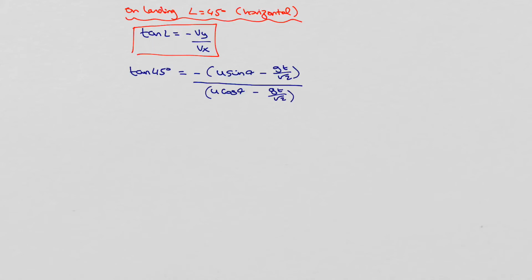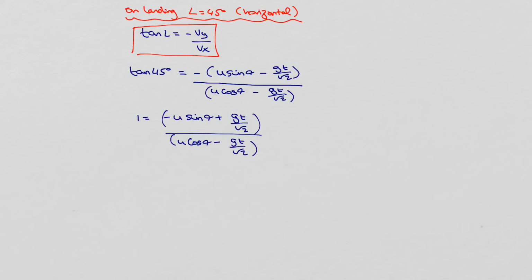Now we love when we get tan 45, because tan 45 is just 1. And that gives me minus u sine alpha plus g t over root 2, and that's all over u cos alpha minus g t over root 2.